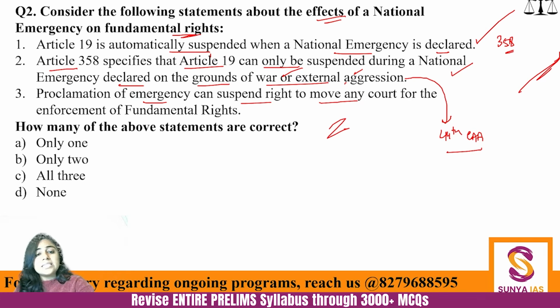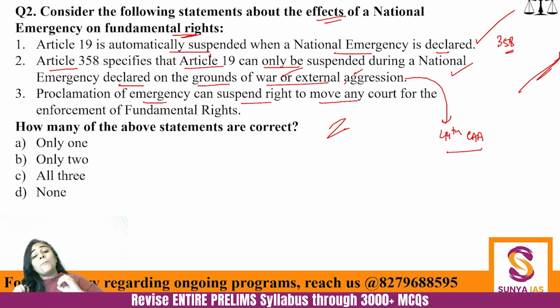The logic behind this is very simple: if somehow the executive has been able to implement the emergency and the rights of people are endangered, then it cannot happen for armed rebellion, right? It cannot happen for internal emergency. If there is a war or external aggression, then you need your people to be quiet so that you can handle it.